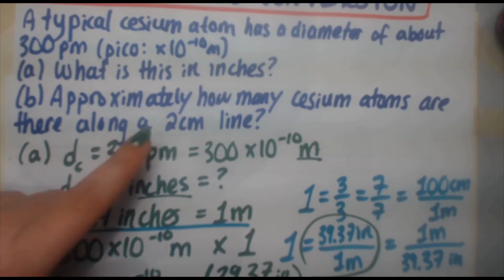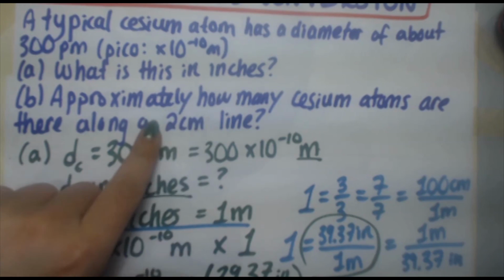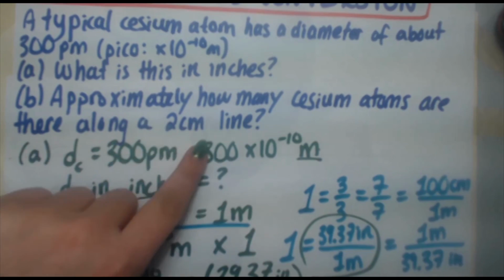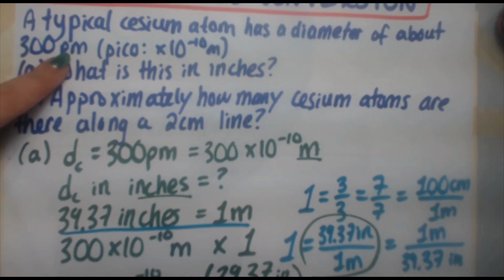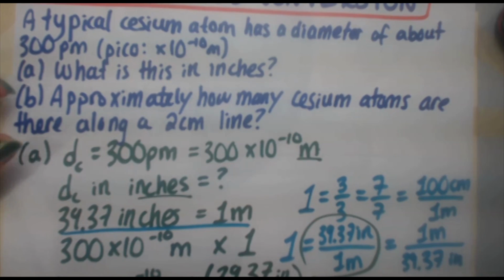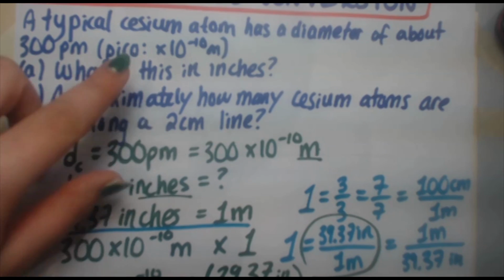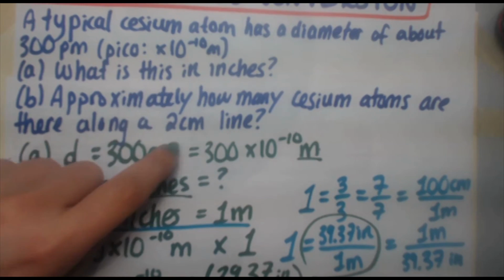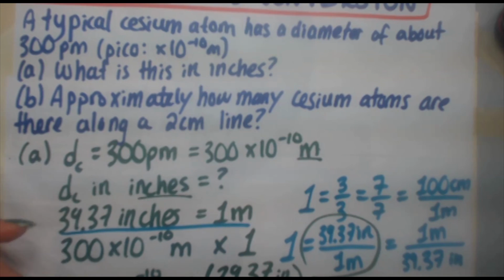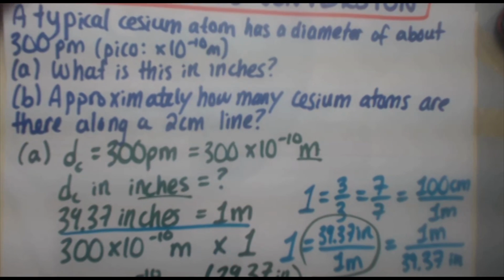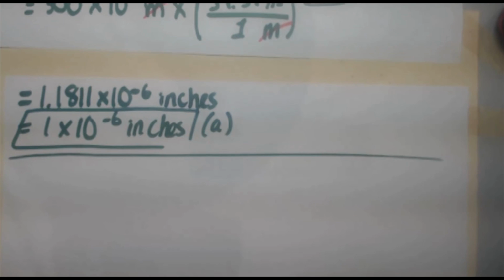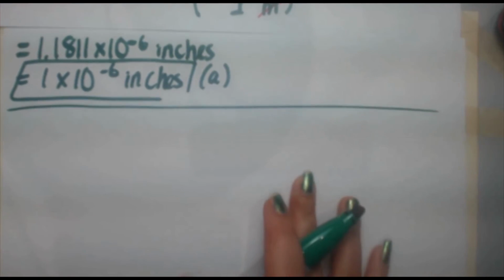It's asking about how many cesium atoms there are along a 2 centimeter line. The original question also gives it to you in meters, picometers. Both these values are given in terms of the metric system, so you don't need to use inches to find out how many cesium atoms fit in a 2 centimeter line. It's just going to cause more work. You can do it if you'd like, but I wouldn't recommend it.